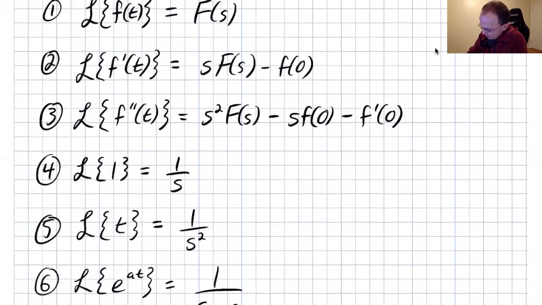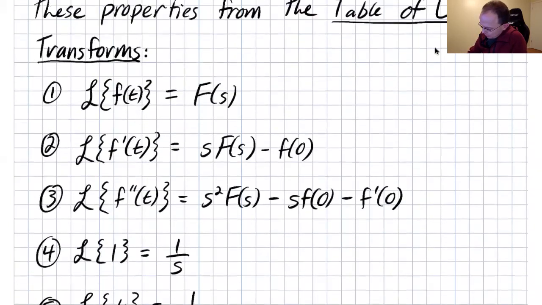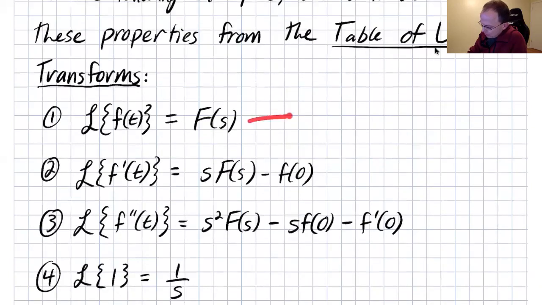The first property, it's not really a property, it just says that when we write capital F of s, that is the Laplace transform of lowercase f of t. So just keep that in mind when we're going through this. The first property that's actually a property is this one.